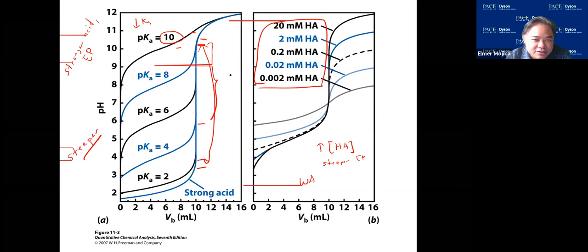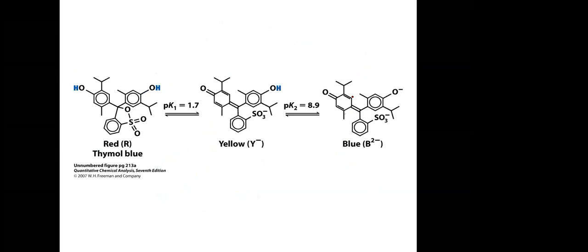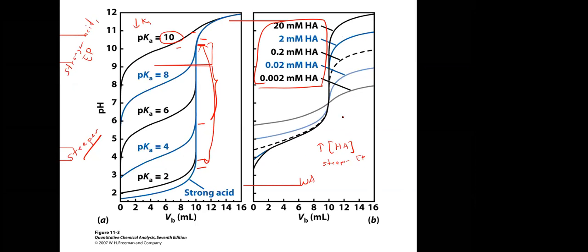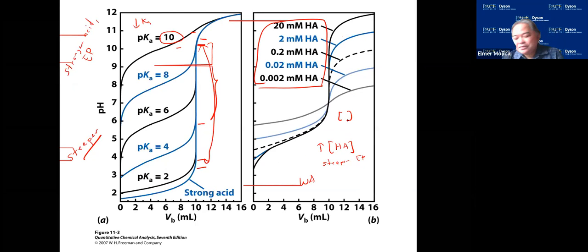No, in terms of the weakest, this is not the weakest acid. This is something to do with the concentration. So the lower the concentration of your weak acid, the less steep the equivalence point.